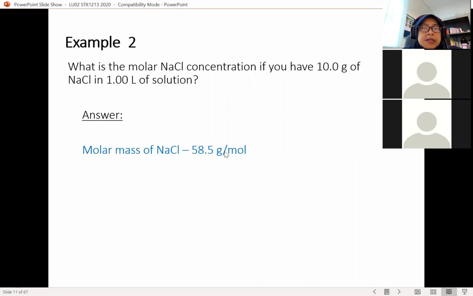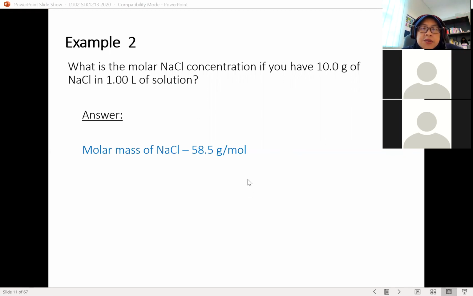Okay, now, next, what is the molar concentration of sodium chloride if you have 10 grams of sodium chloride in 1 liter of solution? Given the formula mass for sodium chloride is 58.5 gram per mole. So here in example 2, there might be 2 steps that you need to do.